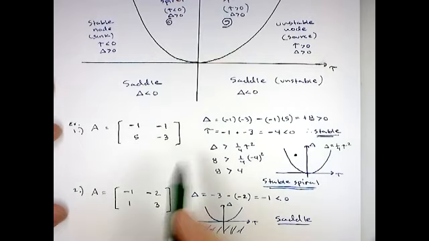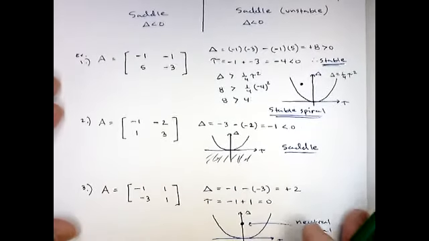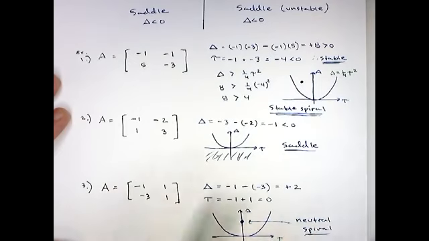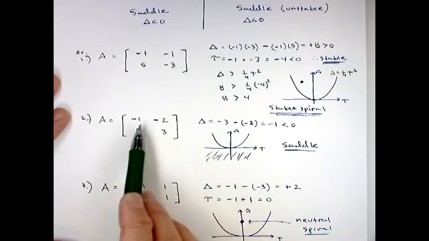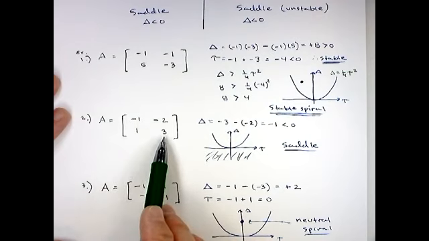Keep in mind, these conclusions can be verified. If you find the eigenvalues, you should be able to come to the same conclusion. But I think you'll agree this could be much faster. For example, look at this next one here. -1, -2, 1, 3 is my matrix.